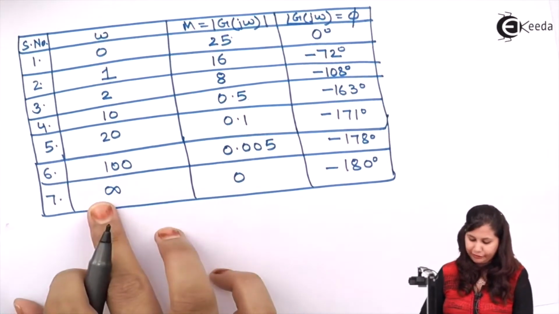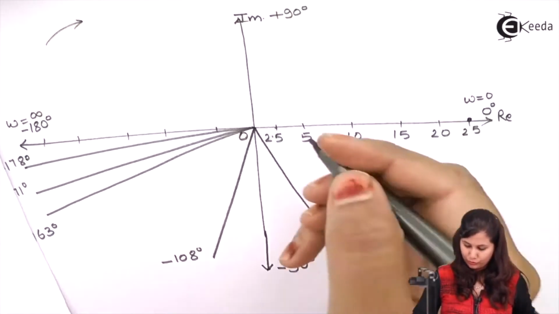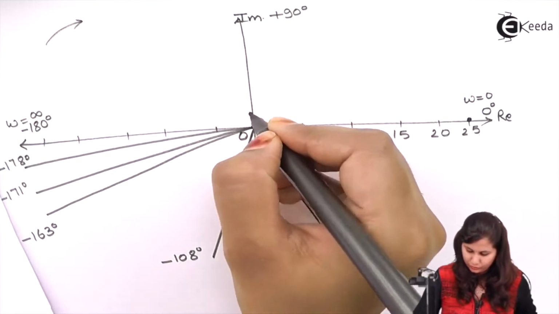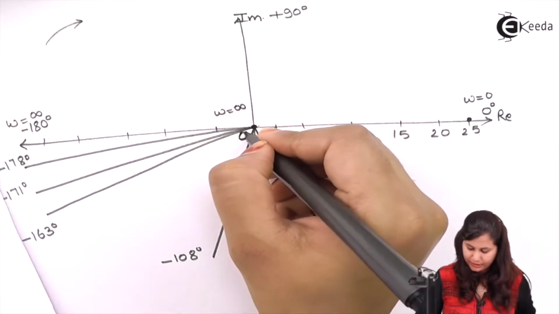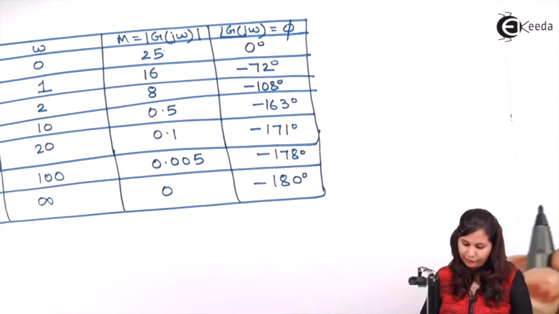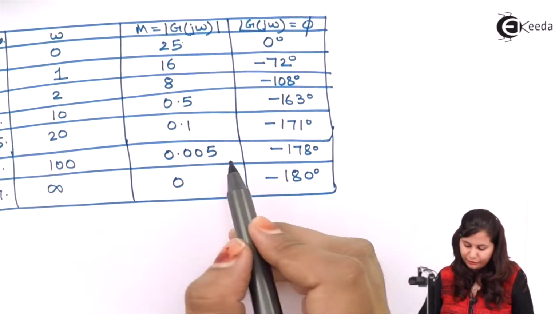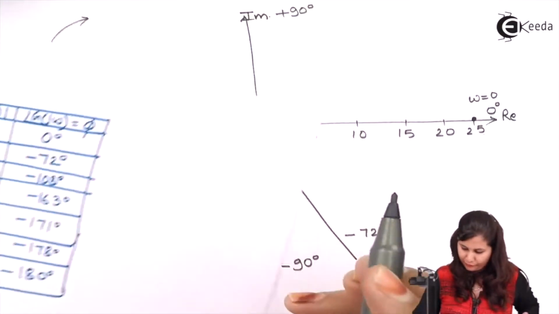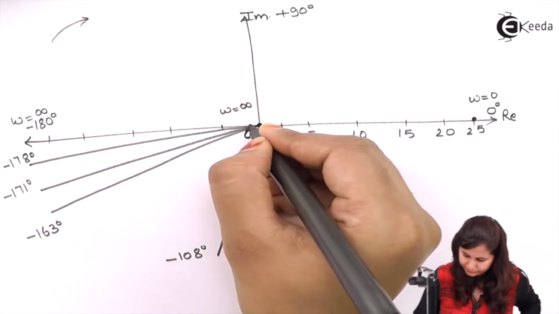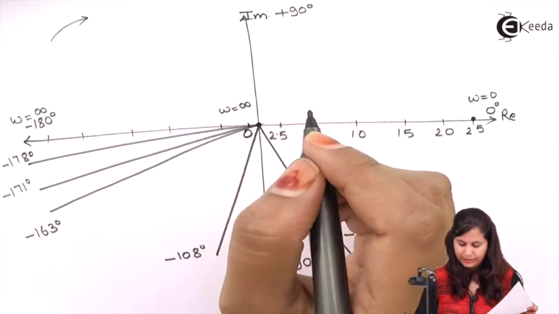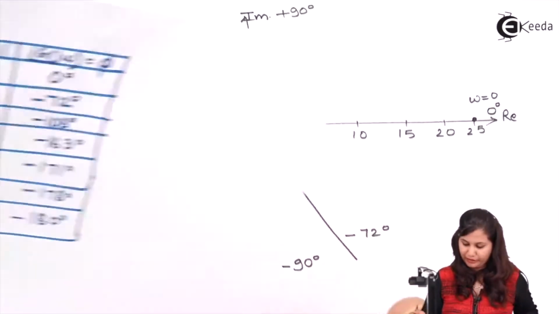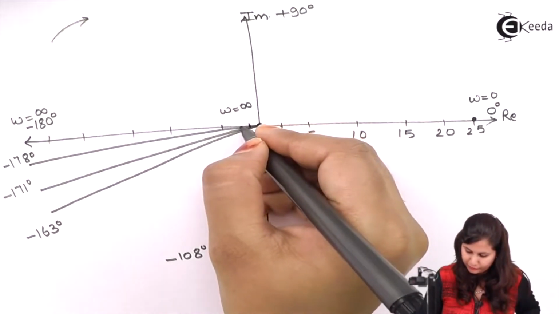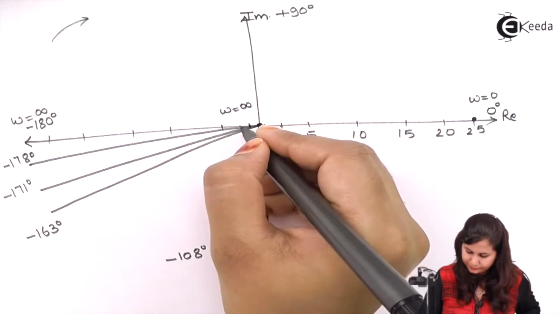Now at infinity, the magnitude is 0. So it is here, omega equals infinity, and the value is 0. Then for omega equals 100, magnitude was 0.005, so it is somewhat here. For omega equals 20, magnitude is 0.1, so 0.1 will be also somewhere here.